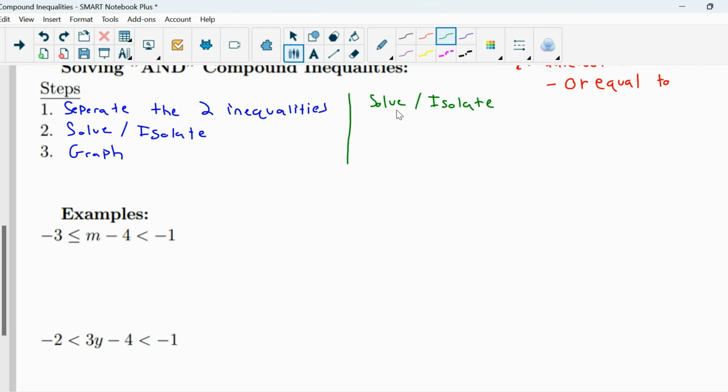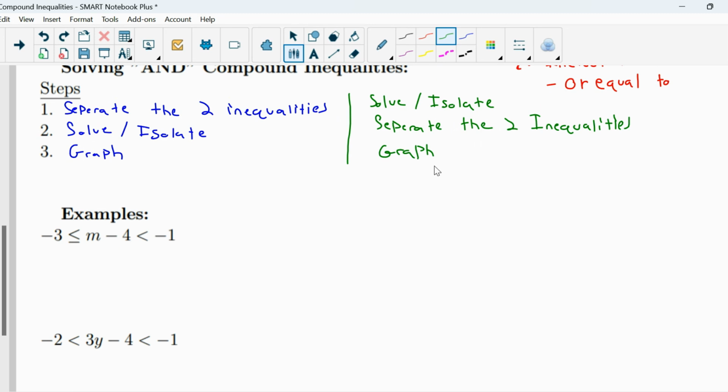Secondly, you would go ahead and separate the two inequalities. And then finally, you will graph. Okay, so there are a couple different ways you can go about solving your AND compound inequalities.